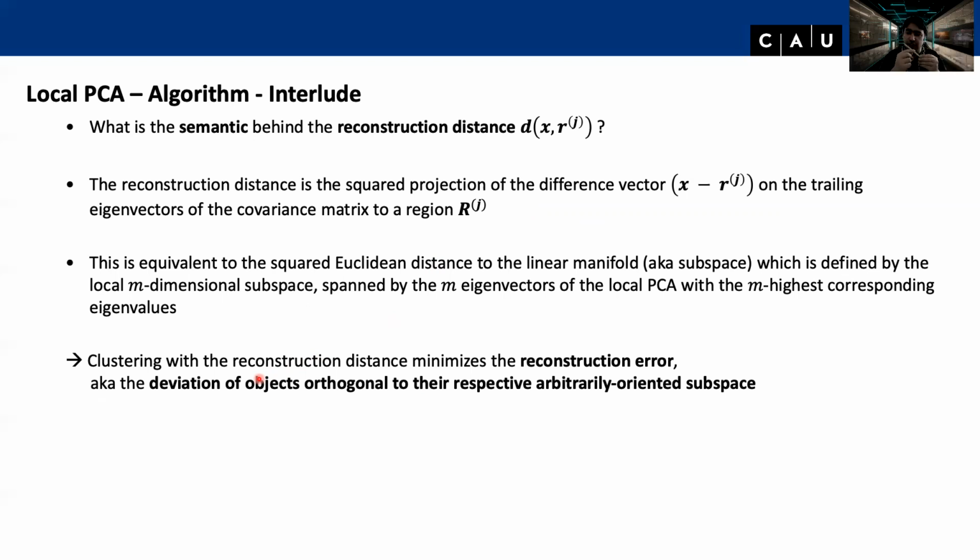So clustering with this distance function has the sole purpose that you want to find this arbitrary-oriented subspace in such a way that, for all the objects belonging to that particular cluster, their distance to the subspace orthogonally is kept to a minimum.